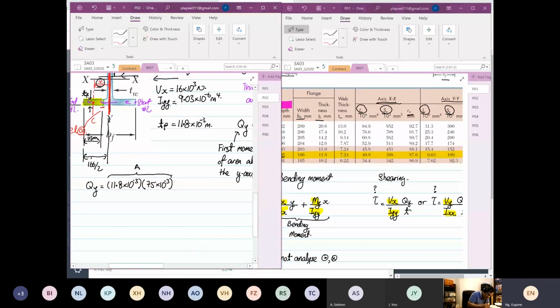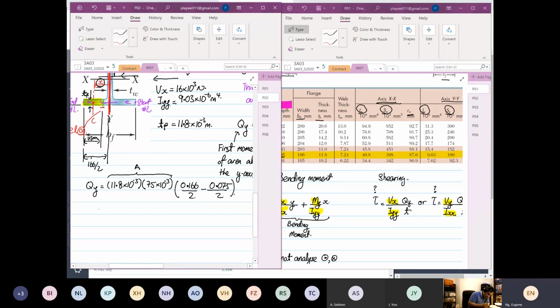Now x is equal to 0.166 divided by 2, and then minus 0.075 divided by 2.